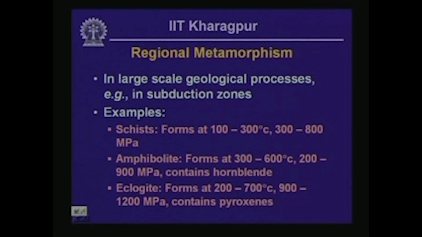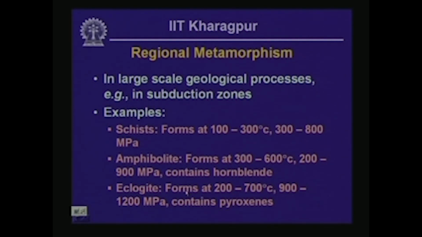at a larger temperature, 300 to 600 degrees Celsius, and 200 to 900 MPa pressure. These rocks contain double chain silicate minerals, and eclogite at much higher temperature and pressure, as is indicated at the bottom of this slide, 200 to 700 degrees Celsius and pressure of 900 to 1200 MPa, is a class of rock rich in pyroxene minerals.